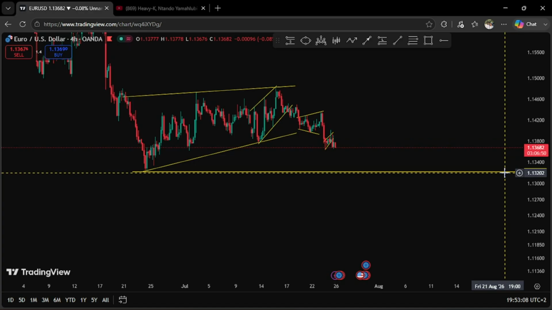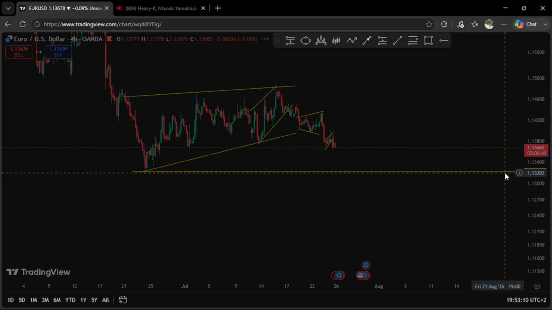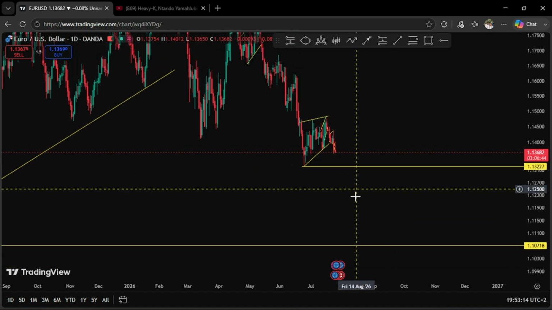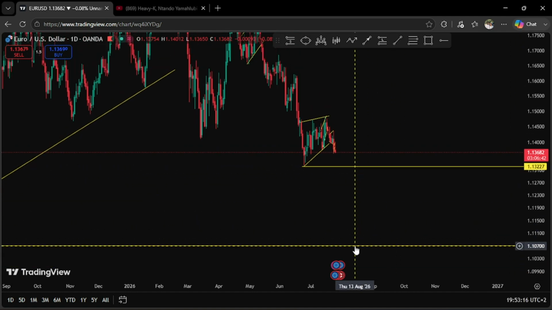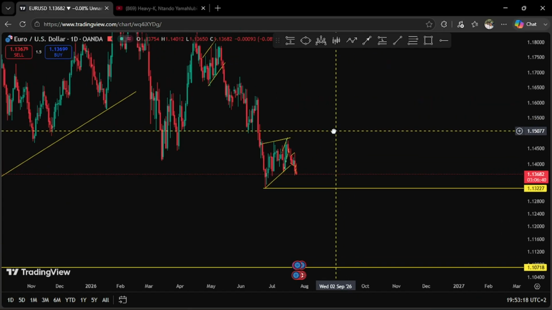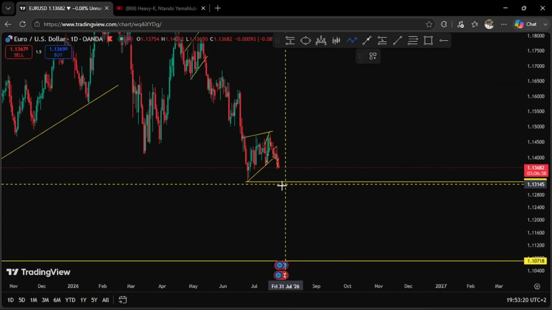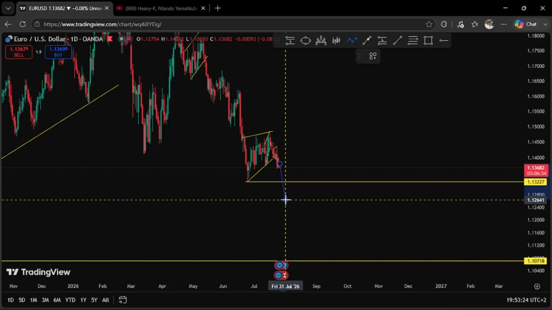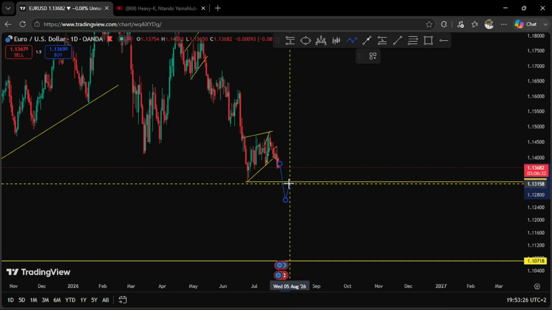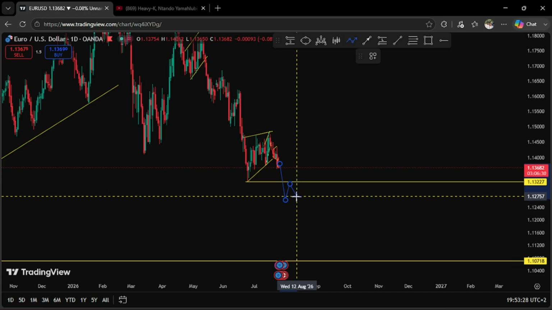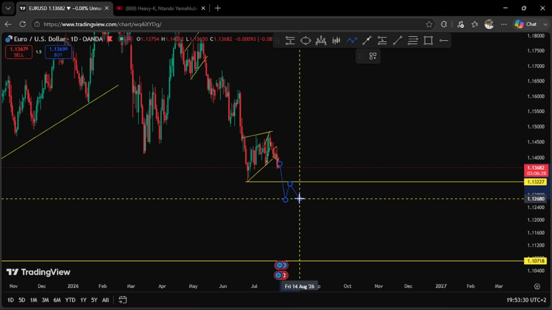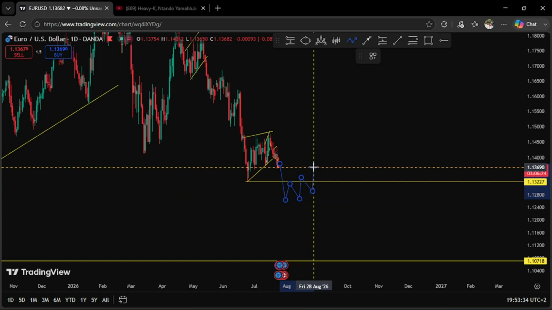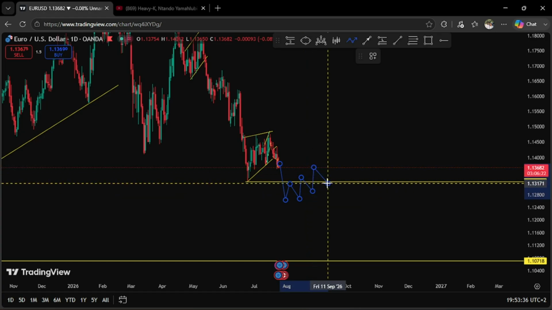Let me go back on the daily, the 1 day time frame. So we can say TP1, TP2. Irregardless of what the market does, let's say the market does this, broke out nicely, and then it started doing this, something like this, a whole big corrective.